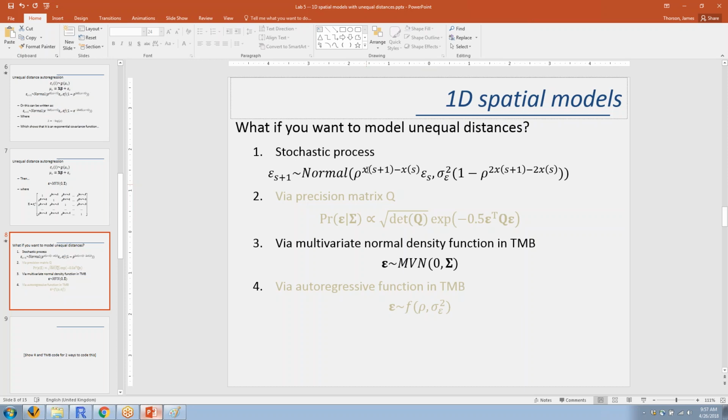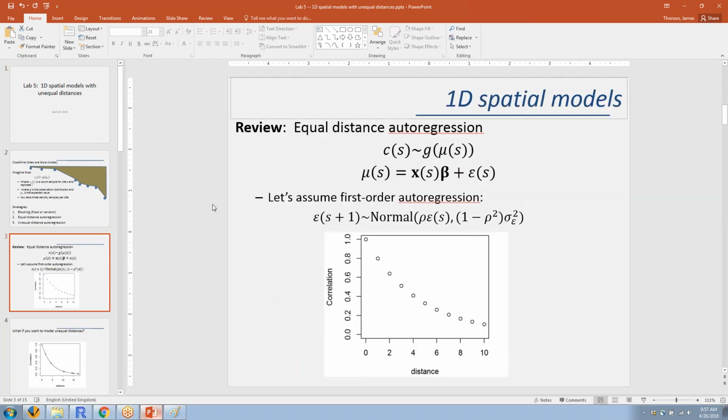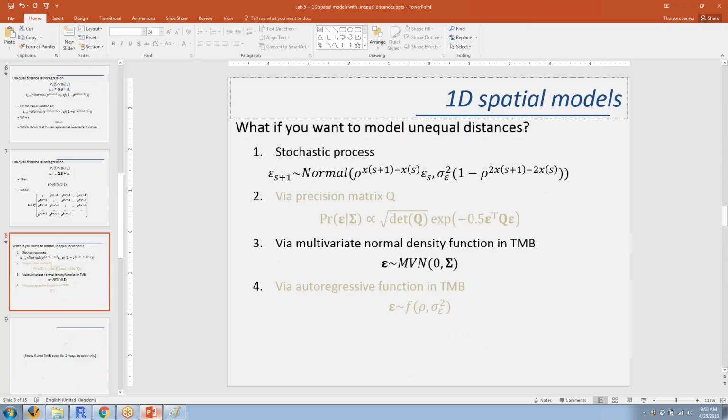So if every distance going upstream to downstream was equal to 1, then this would be rho to the 1, or rho times epsilon, and this would be rho to the 2 times 1, or rho, 1 minus rho squared times the marginal variance, which is what I edited this original equal distance autoregression to look like. So the unequal distance is a perfect generalization of the equal distance, which is what would make sense.